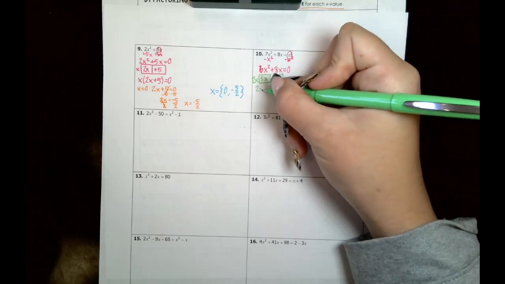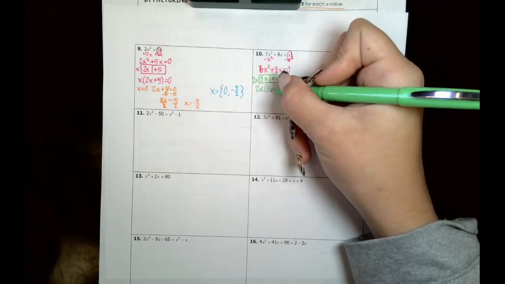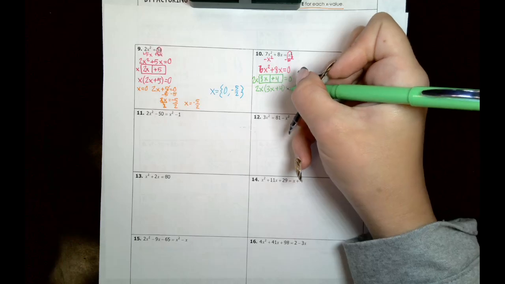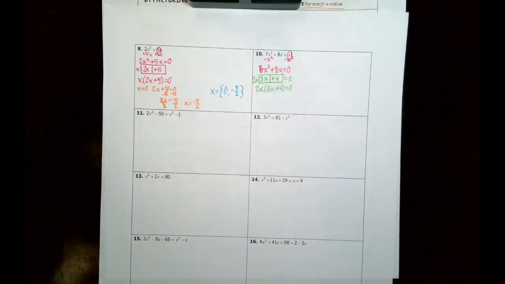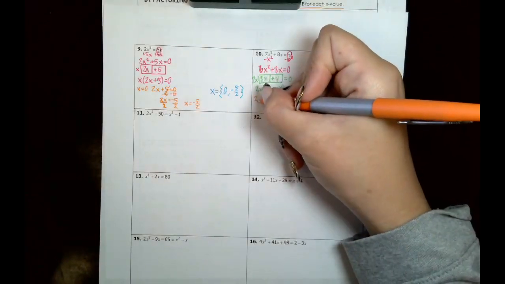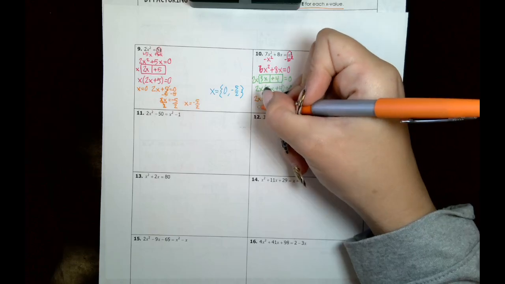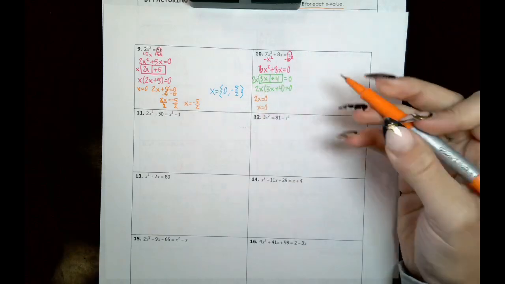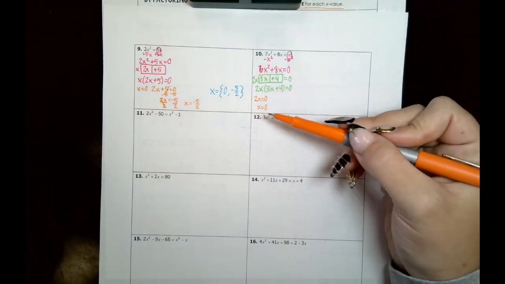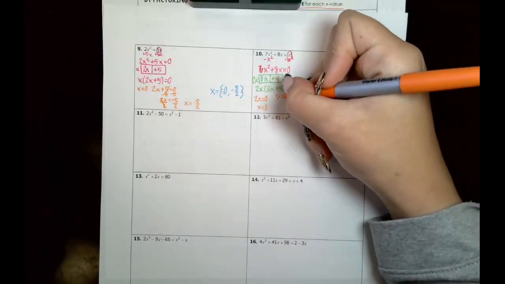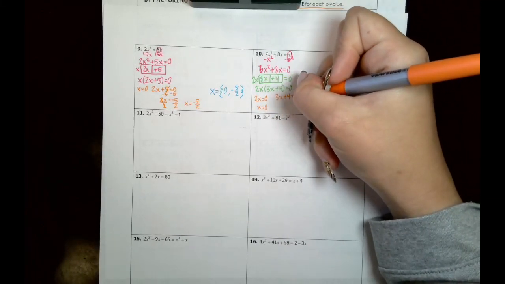So we're going to have 2x parentheses 3x plus 4, all equal to 0. And then we need to set these equal to 0. So 2x needs to be equal to 0, which is just going to give us 0, because 0 divided by 2 is just going to give us 0. And then we're going to have 3x plus 4 equals 0.